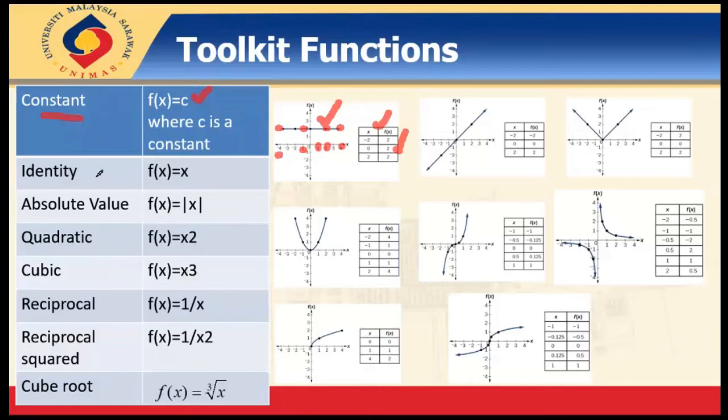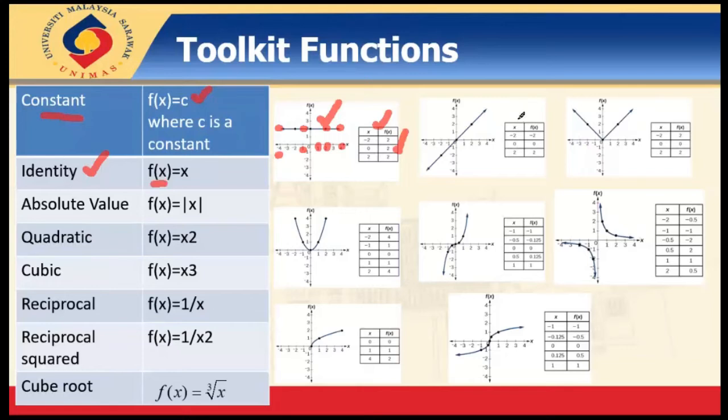There is another function called the identity function. Any function which gives us the output exactly like the input, meaning it doesn't change the input to anything else, is called an identity function.